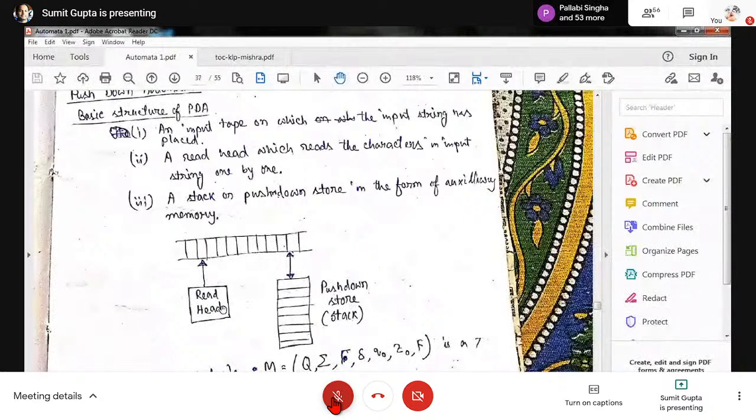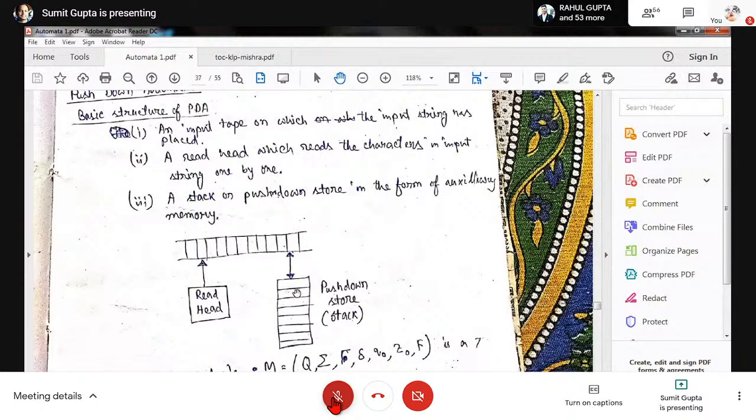So you can see this is the read head which will be moving. There has to be a movement either towards the right side or towards the left side, that will be specified by the pointer. But this is the read head which at each point of time should be pointing to a particular cell of the input tape.